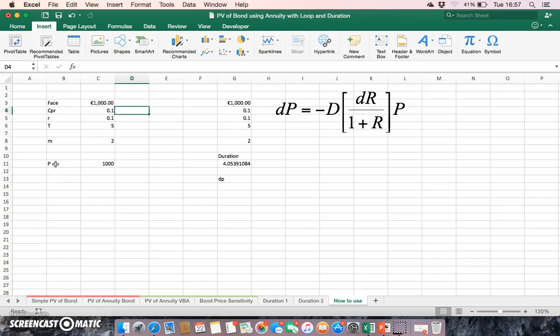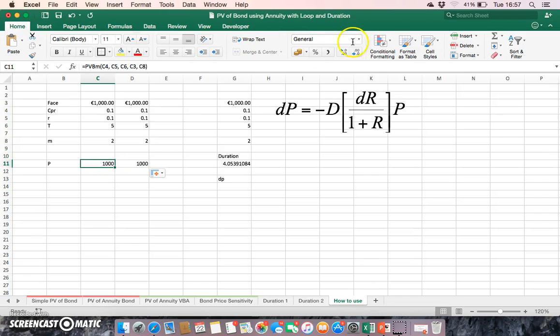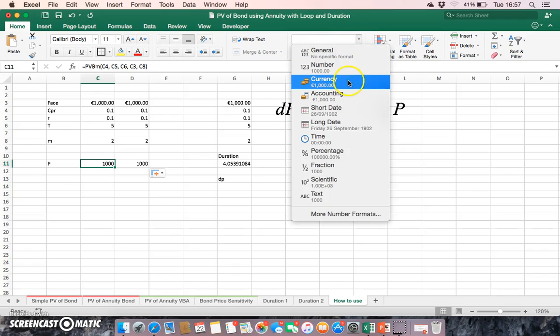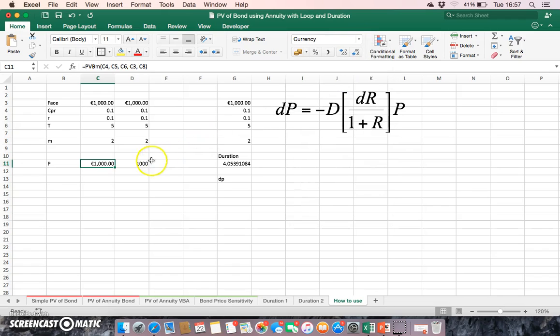Right? And if we took the same set of values again, and let's just change a little bit the currency.